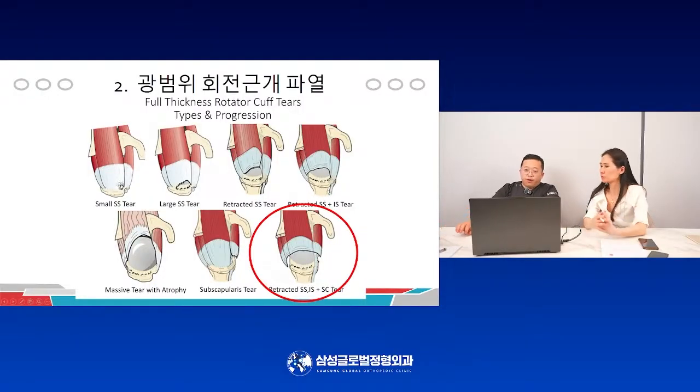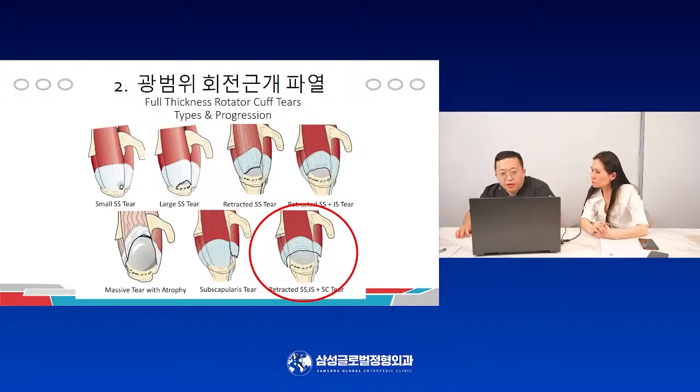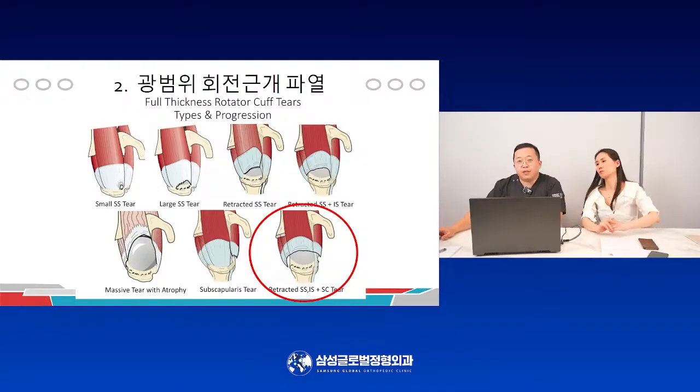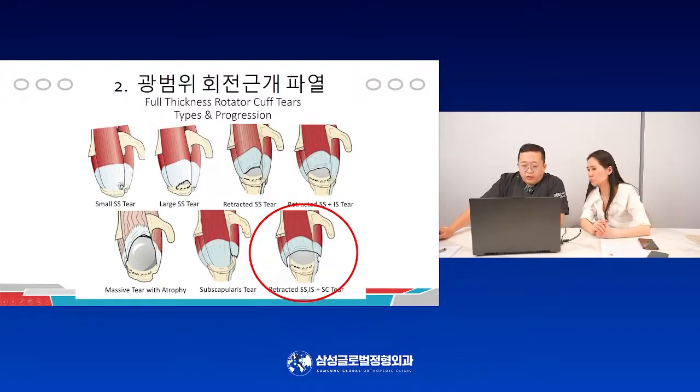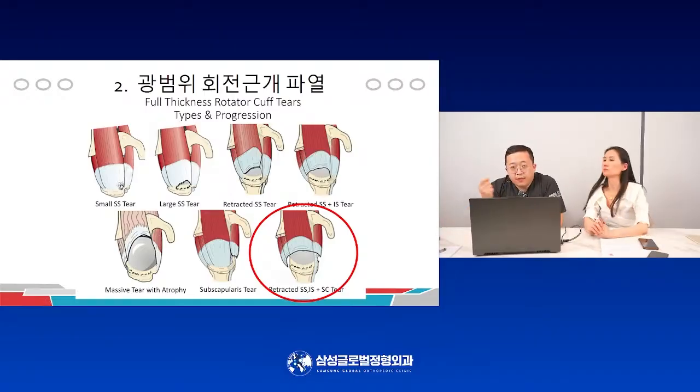Our second topic is the massive tear. As you see, this tear pattern could be much more easily fixed with the arthroscopic procedure.